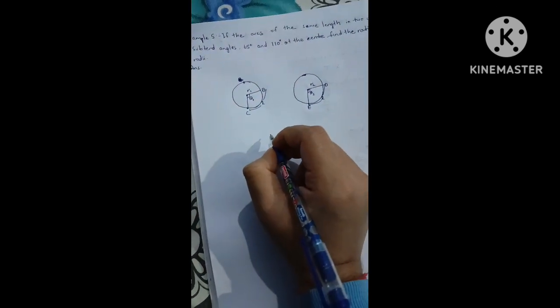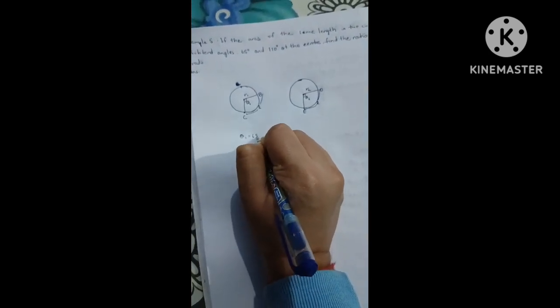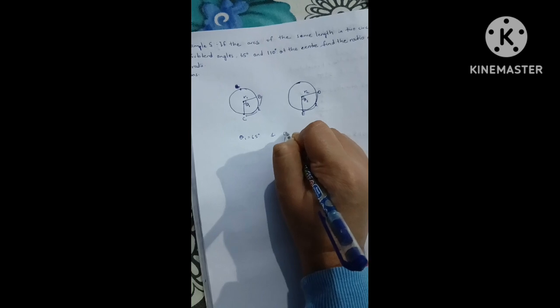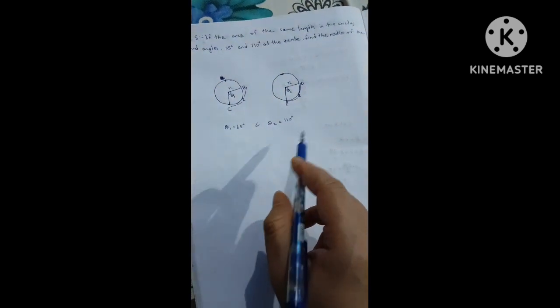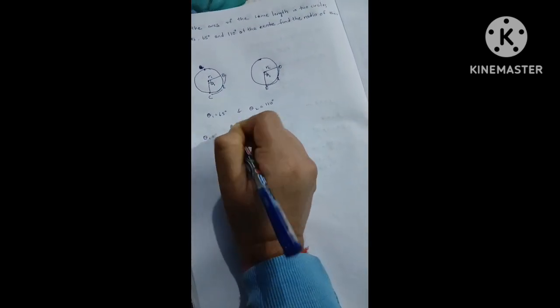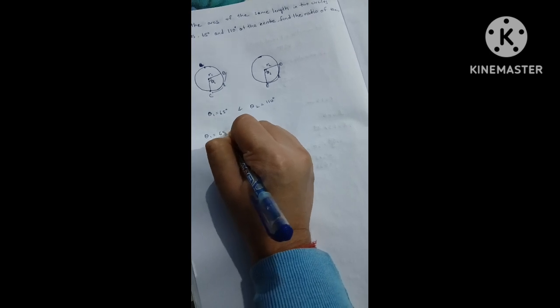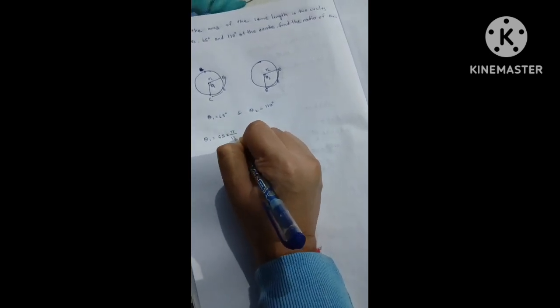Now according to the question, we have theta 1 equal to 65 degree and theta 2 equal to 110 degree. Now we have to convert this into radian measure. So theta 1 equal to 65 into pi by 180 radian.